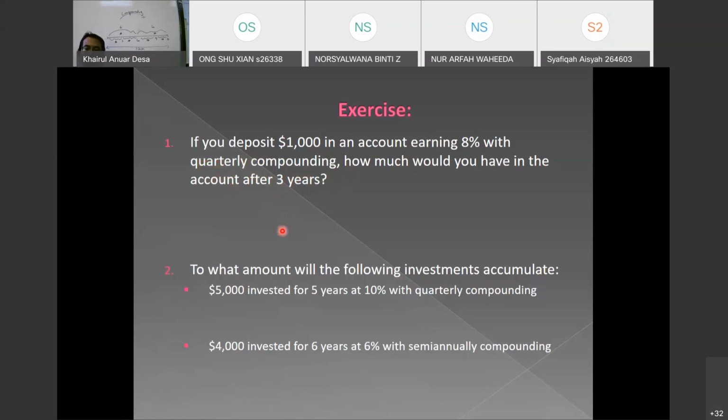Kalau 3 tahun, dia akan jadi 3 kali 4, 12. Di sini bukan tahun lagi, dia jadi 12 kali. The frequency now becomes 12 times in 3 years. So, berapa jawapan untuk soalan nombor 1?